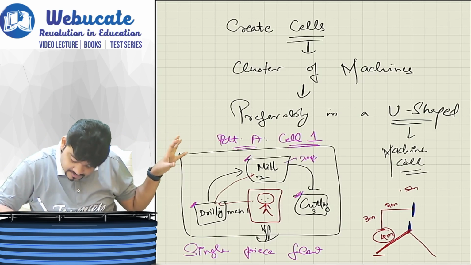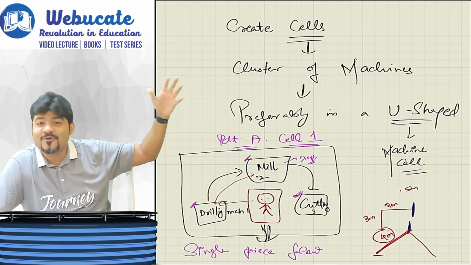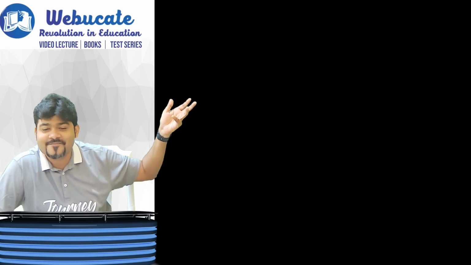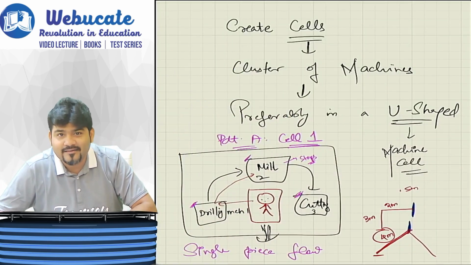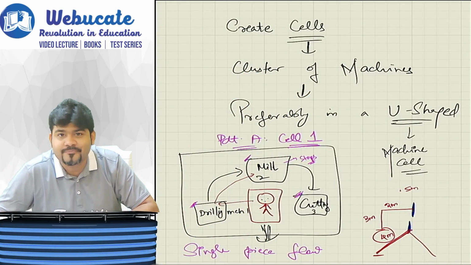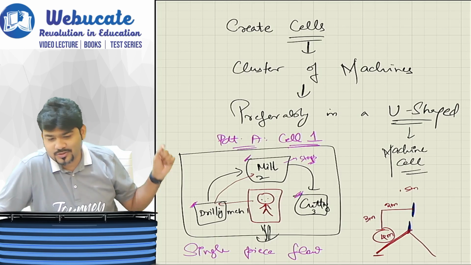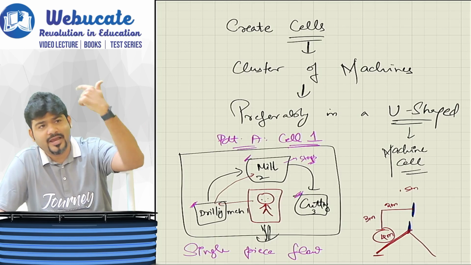Still my product B, which is working on cell 2, will go on. My product C, which is working on cell 3, will go on. My product D, which is working on cell 4, will go on. Are we understanding? So the whole production of the company is not stopped. It does not come to a halt. Everything will go as it is. Only this will stop. Plus, because it's a small machine, we can rectify it easily, quickly.